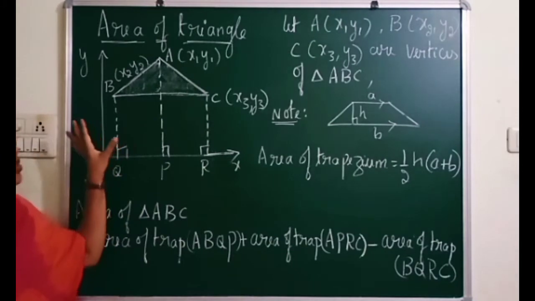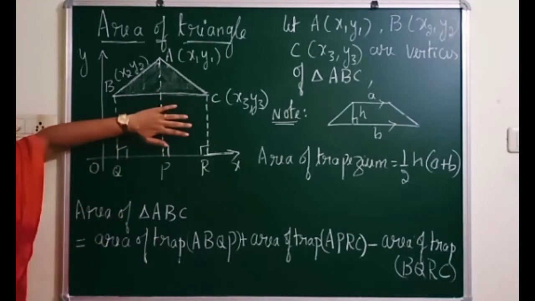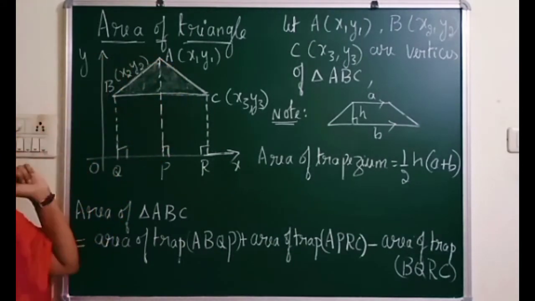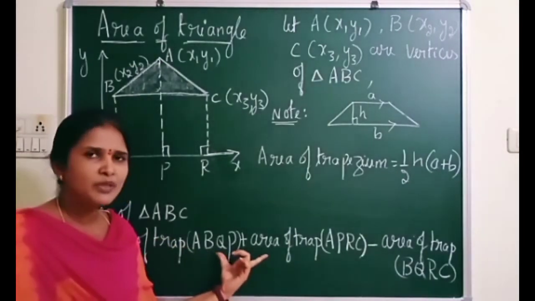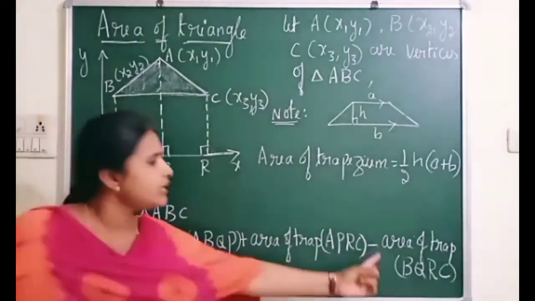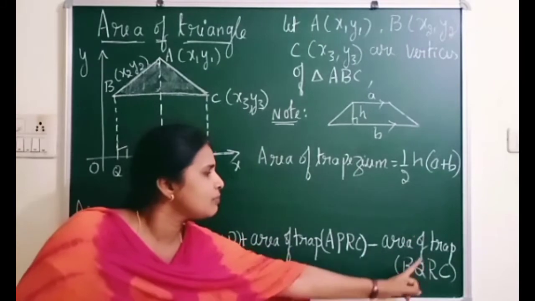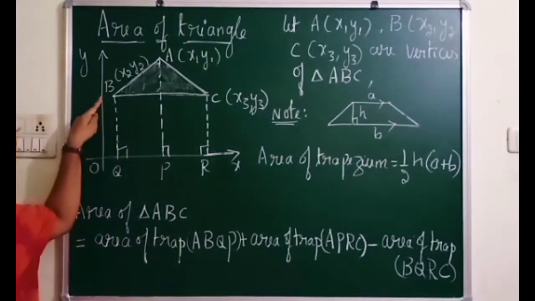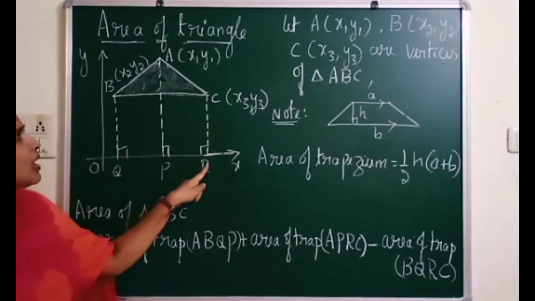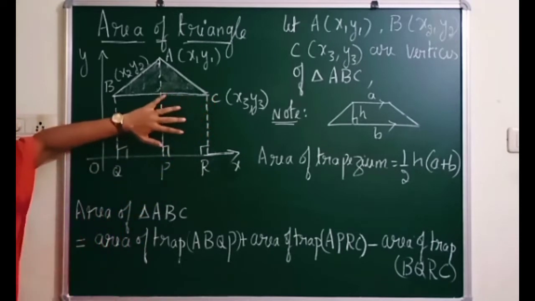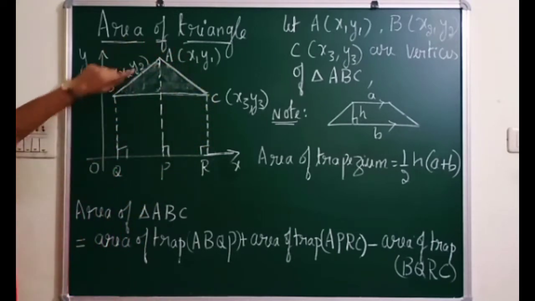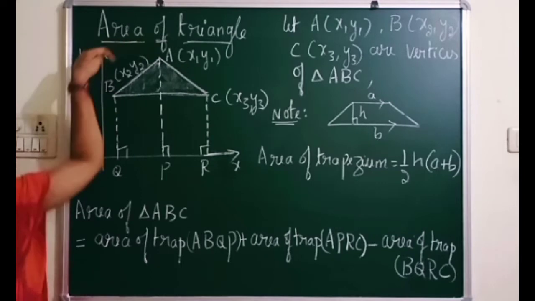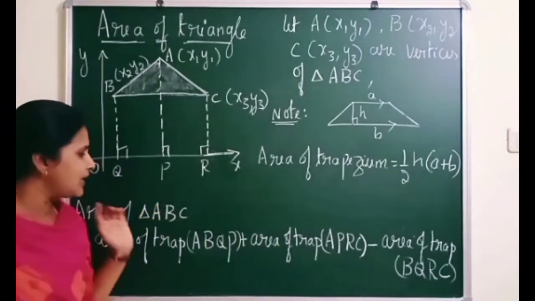When I subtract this trapezium, then I get the triangle. So from these two, I get the full picture, whatever I have drawn, minus area of trapezium BQRC. When you remove this part from the full picture, you get the area of the shaded part, which is your triangle. So let us continue.